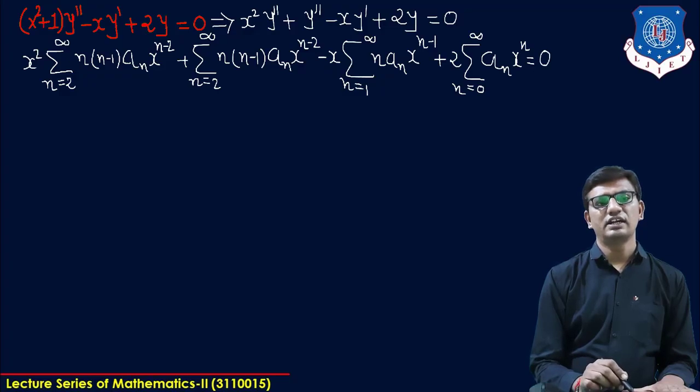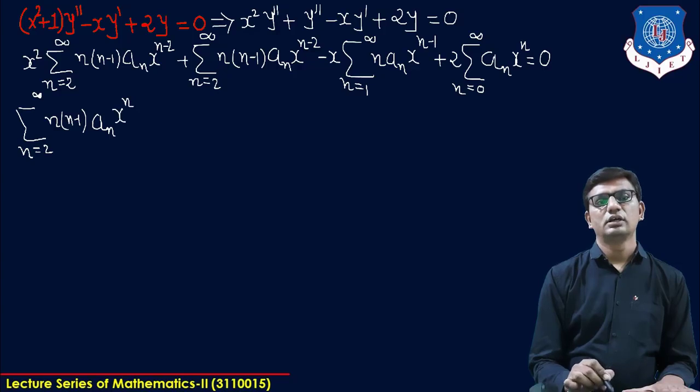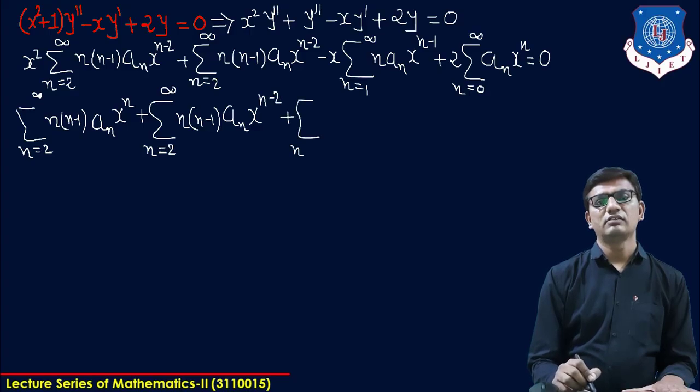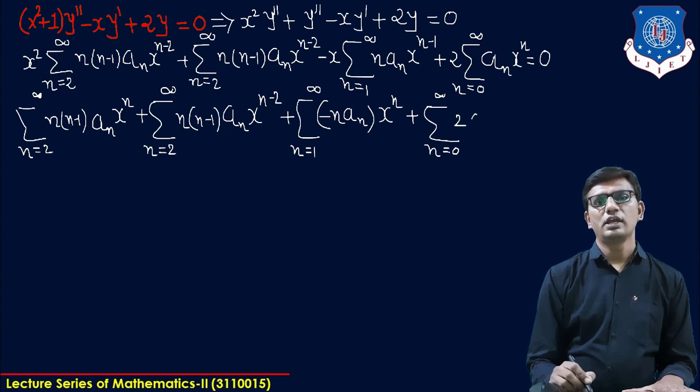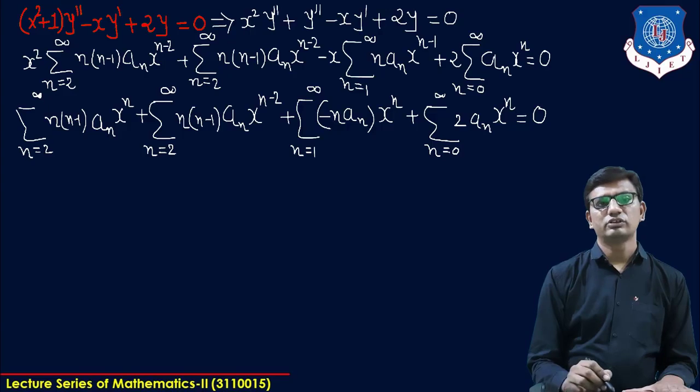Now we multiply each coefficient inside the summation, then Σ (n = 2 to ∞) n(n − 1) an x^n. The second summation is as it is, Σ (n = 2 to ∞) n(n − 1) an x^(n−2), plus Σ (n = 1 to ∞) (−n) an x^n, and the last one is Σ (n = 0 to ∞) 2 an x^n. Now all the summations have x raised to n, but in the second summation we have x to the power n − 2.